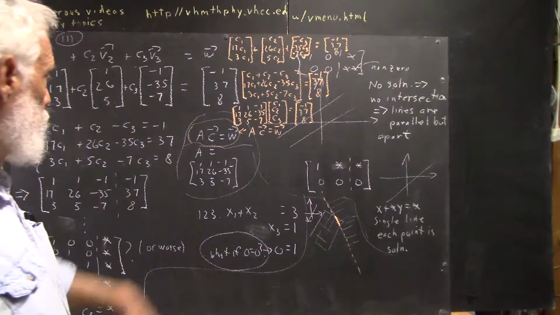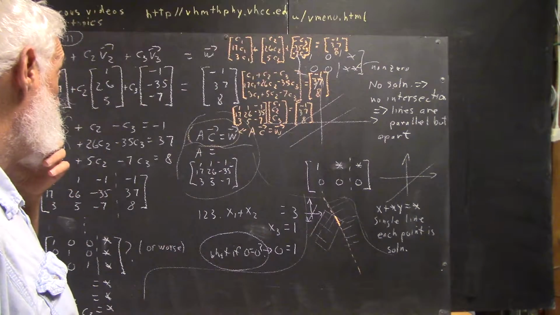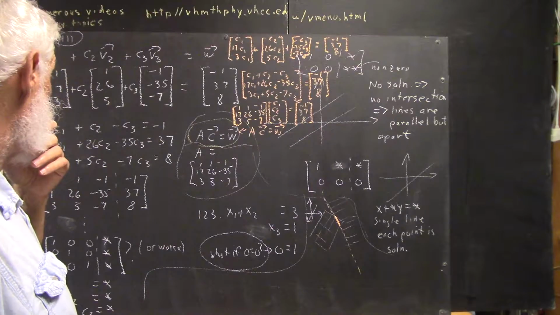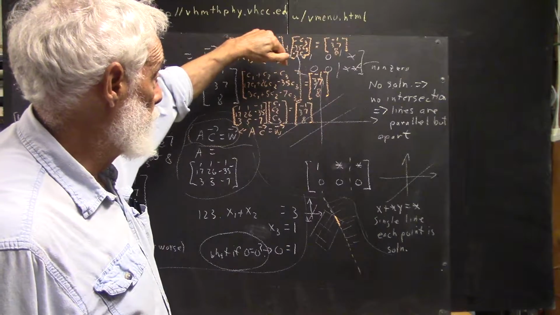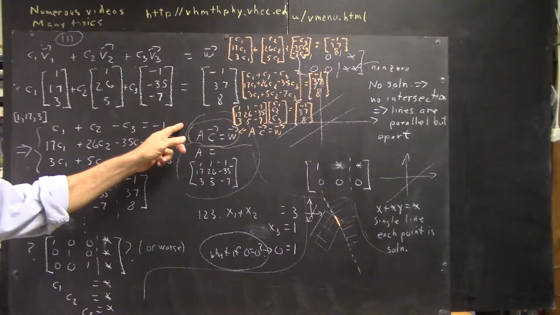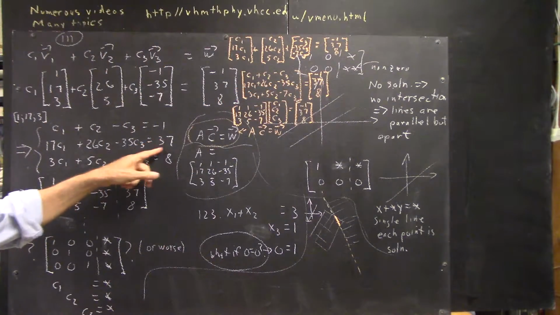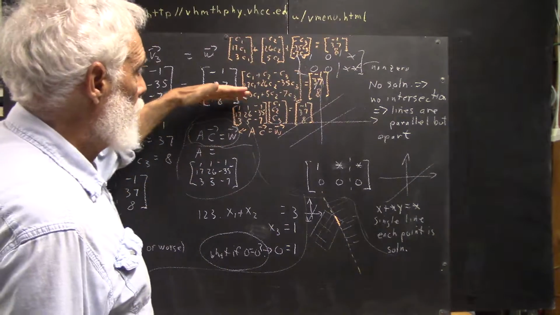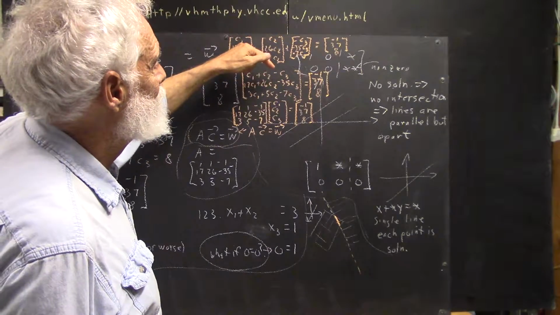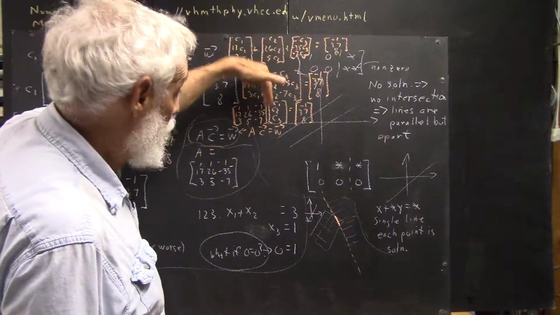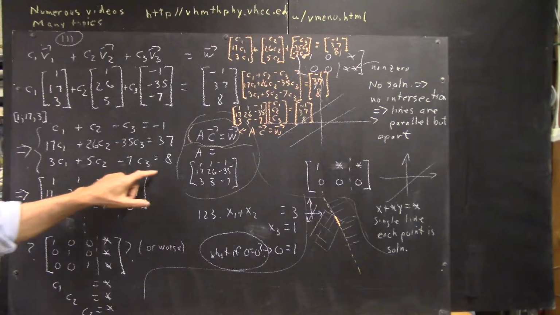We're going to do it by row reduction. Okay? It should be clear from this form here that C1 plus C2 minus C3 equals negative 1. That's this equation. That 17C1 plus 26C2 minus 35C3 equals 37. That's this equation. And that the quantity in the third row of this column matrix is equal to the quantity in the third row of this one, so that you get this third equation.